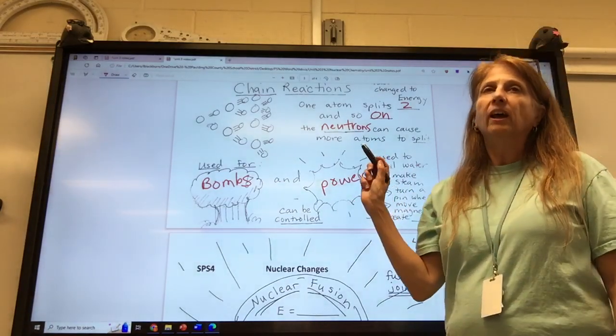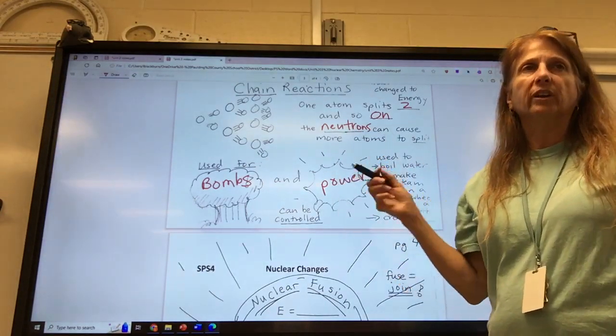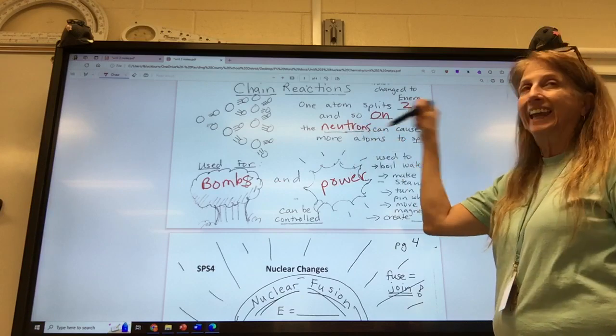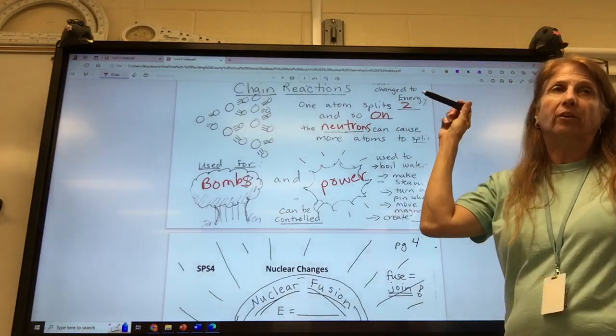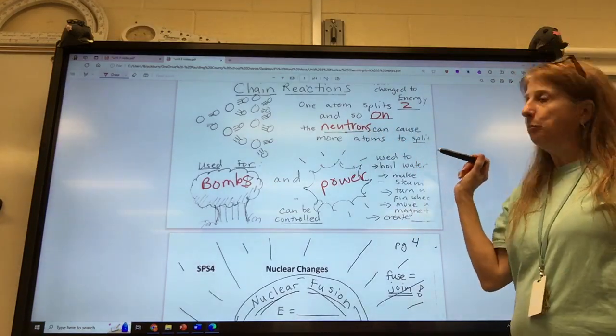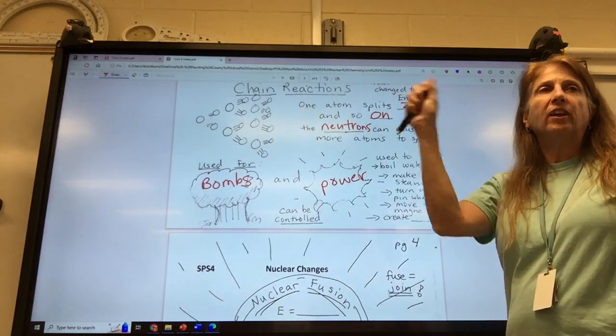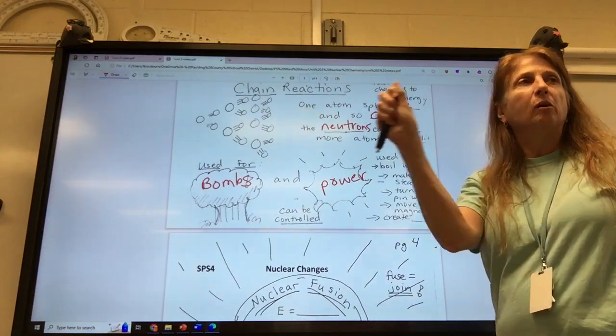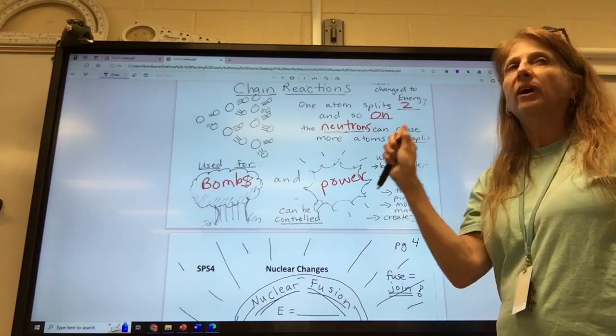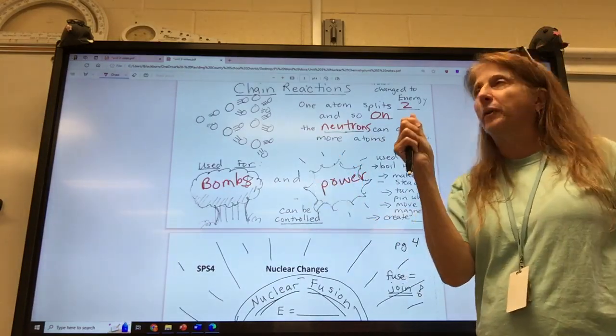How you get electricity from nuclear power is they use the heat it gives off to boil water that makes steam that turns a pinwheel. I used to have a Winnie the Pooh pinwheel I would bring out for this and blow on it. You have to imagine it because it got crushed. Poor Winnie.